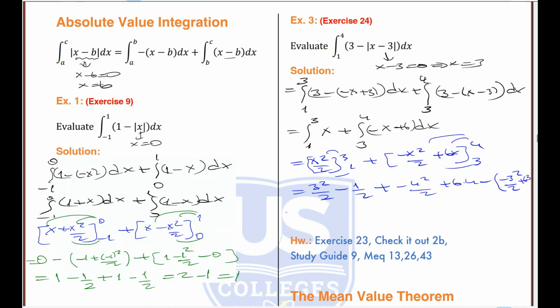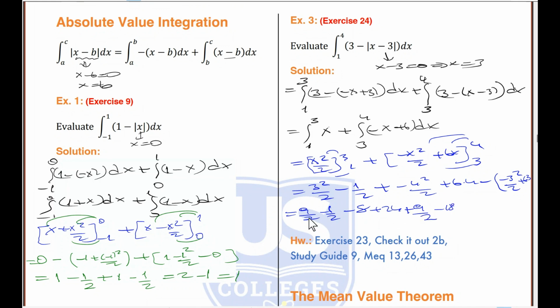Now let's simplify. 3 squared is 9, 9 over 2, minus 1 over 2, minus 4 squared is 16, 16 over 2 is 8, 6 times 4 is 24, minus, here I have negative 3 squared, negative makes positive 9 over 2, 6 times 3, 18, I have negative in front, negative 18.